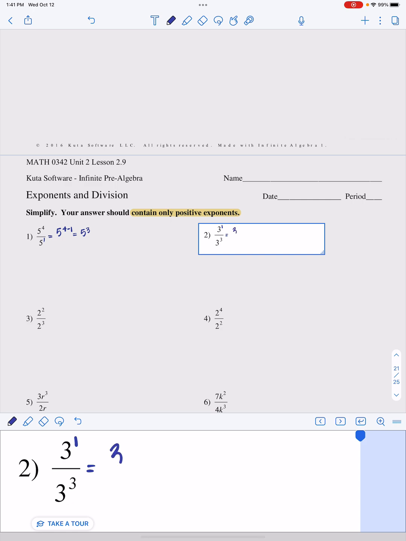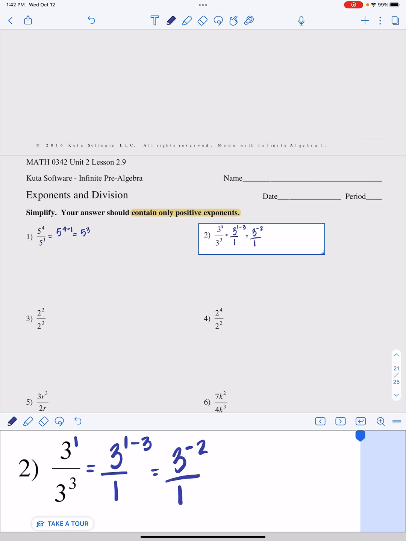Then I'm going to do 3 to the top minus bottom, so this would be top minus bottom. If it makes you feel a little bit better, we can go ahead and put this over 1 so that we have a fraction, since we started with a fraction. 3 to the 1 minus 3 means we have 3 to the negative 2 power over 1.